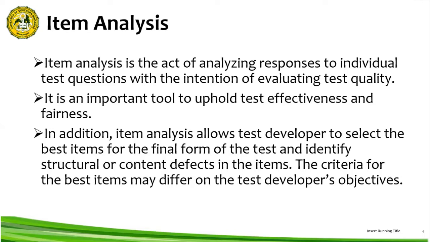The criteria for the best items may differ depending on the test developer's objective. For example, one test developer might deem the best items to be those that optimally contribute to the internal reliability of the test, while another test developer might wish to design a test with the highest possible criterion related validity and then select items accordingly.